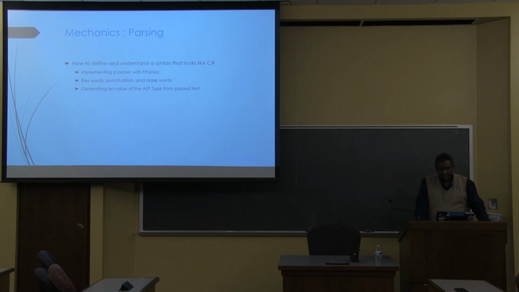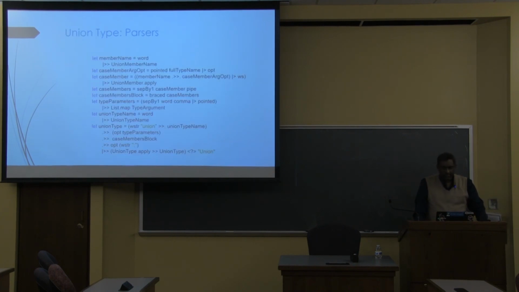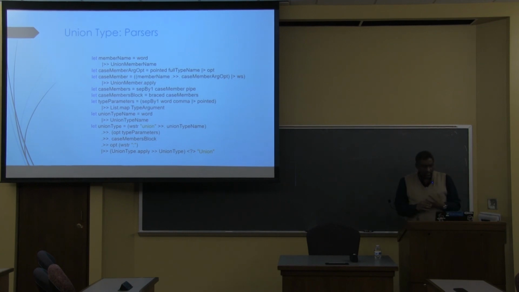And there are libraries for this kind of thing in each of the languages. So Haskell has Parsec, F# has FParsec, and FParsec is a nice little library that gives a whole bunch of primitives, and then you can build your own combinators on top of that. And in my case, this is in fact the simplified set of parsing functions that you can build to build an instance of that AST value that I showed you.